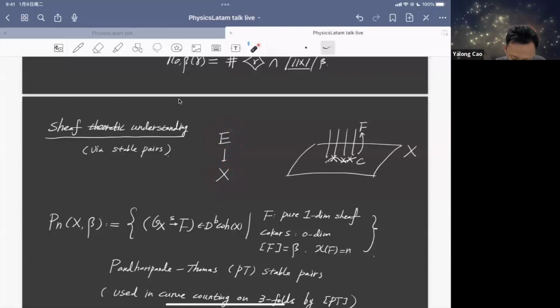Now this coherent sheaf category forms an abelian category, and there's a way to derive it, to make it a derived category, where the objects include complexes of sheaves. So maybe it's better not to say this derived category. I can just say that such a moduli space parameterizes just a sheaf F with a section. That's enough.